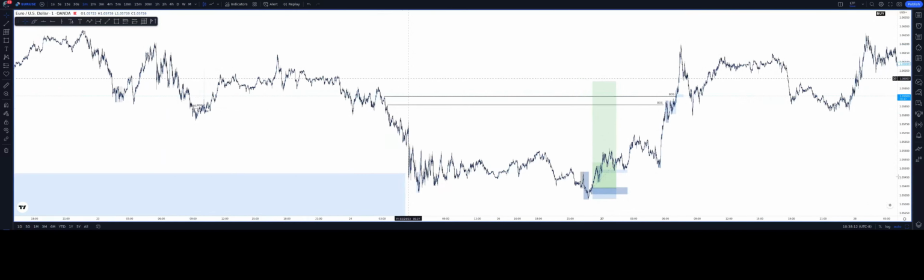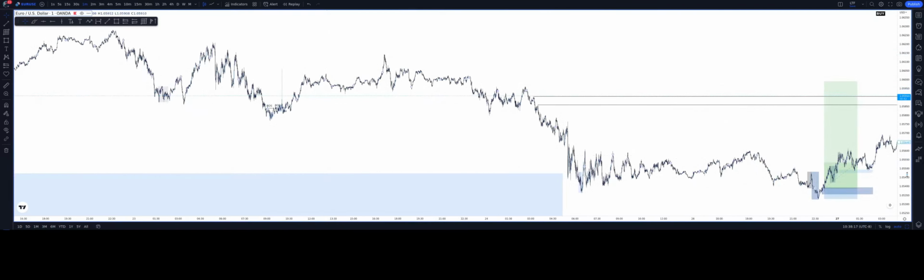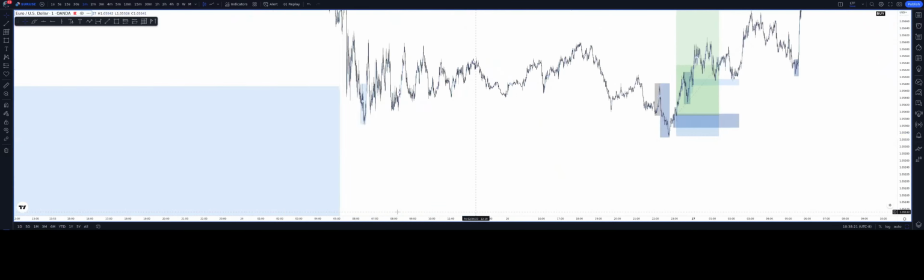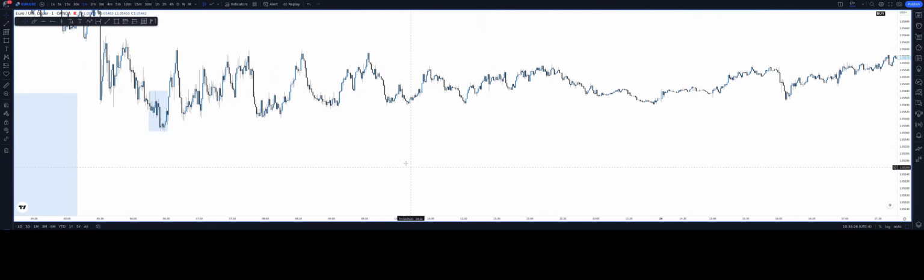Now this was Friday. A blessing in disguise was that I wasn't available for trading on Friday, because it could have been ugly, I'm not gonna lie. Like, look at all this. It's just a very rangy day.